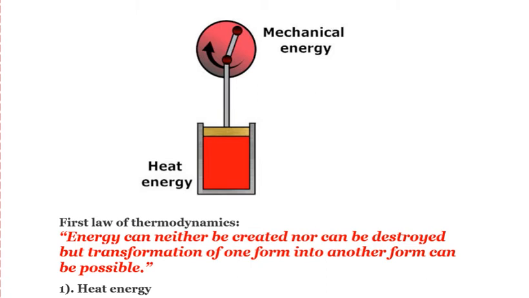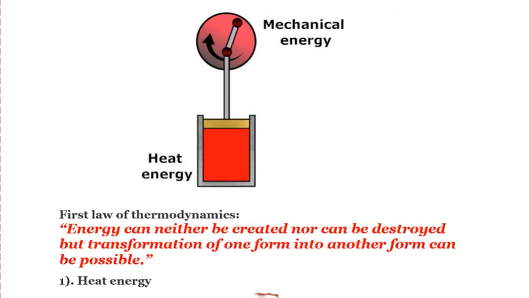Don't worry, I will explain to you all the concepts of the first law of thermodynamics along with the practical examples occurring in our every daily life. So, I'll also explain to you why this law is also known as the law of conservation of energy. Okay, so take note or kung matandaan natin, we have different types of energy.